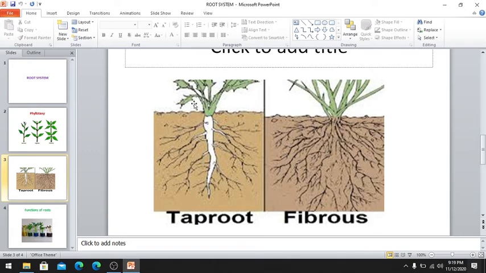That is the indication. The venation of the plant indicates the type of root system.